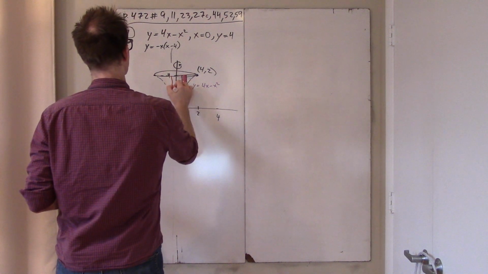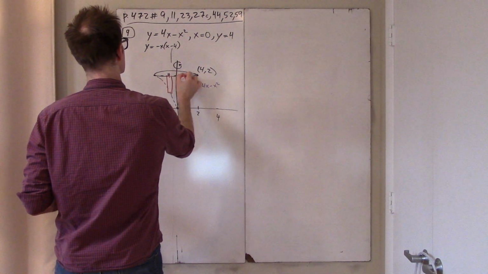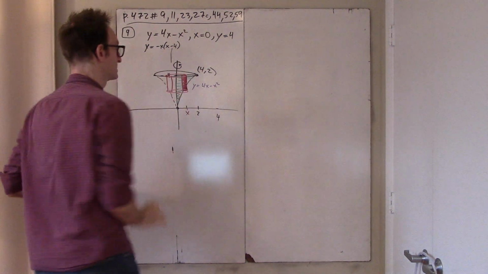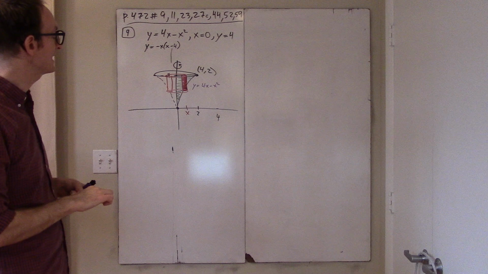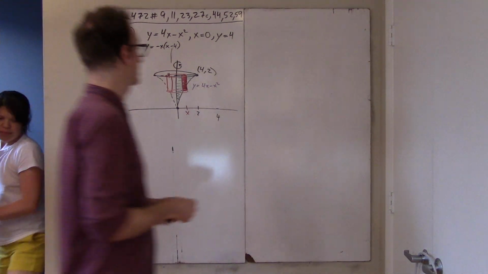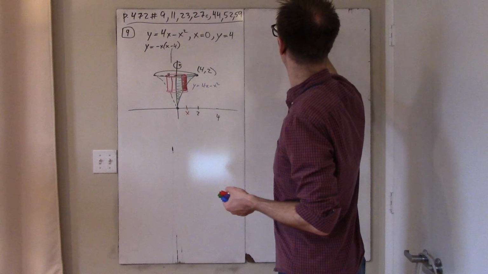Okay, so what happens is we get this shell. What is the volume of a shell? We did this whole thing in an earlier video, but it's maybe worth doing again.